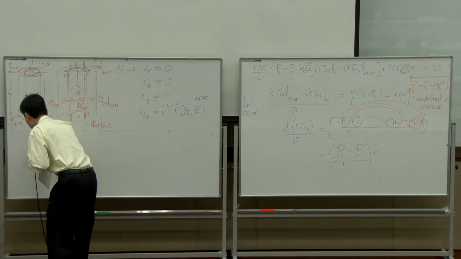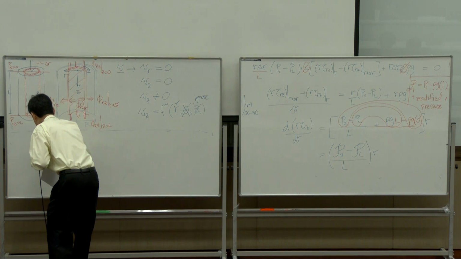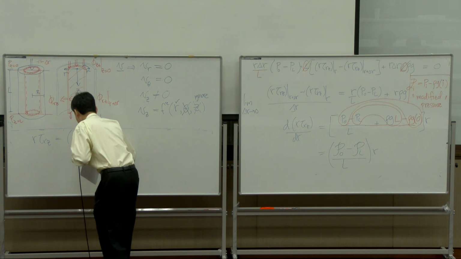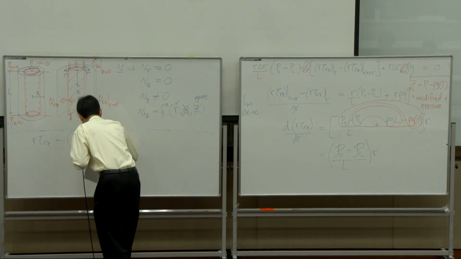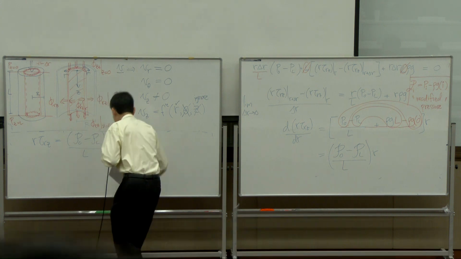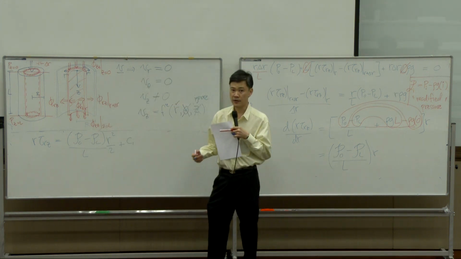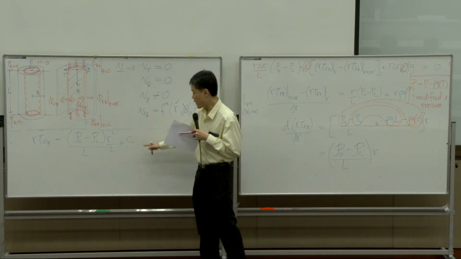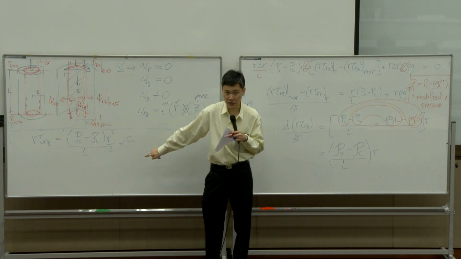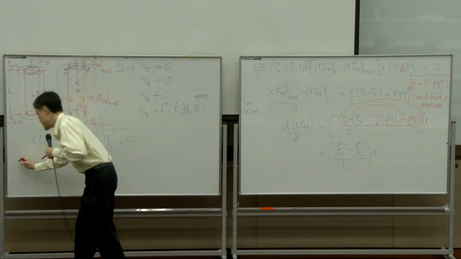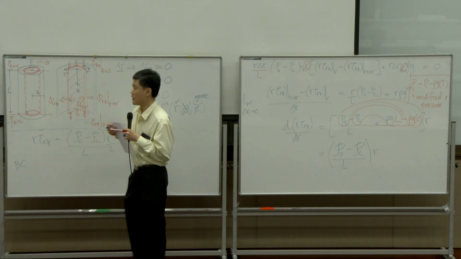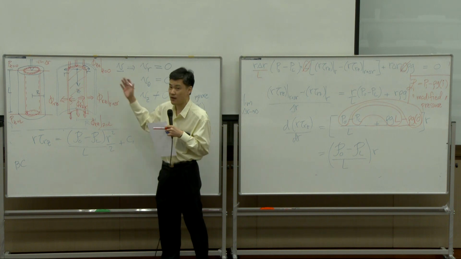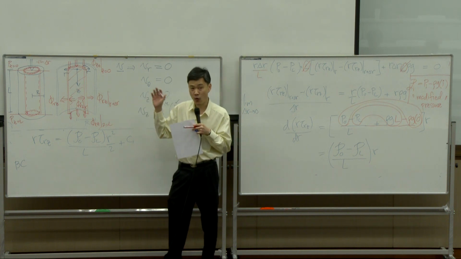If I integrate, you end up with R tau Rz equal to modified pressure 0 minus modified pressure L over L times R squared over 2 plus integration constant C1 after integration. In order to find C1, we need a boundary condition. As I said, a boundary condition is supposed to be located somewhere in the system. Usually it will appear at the boundary, but it is not always that.